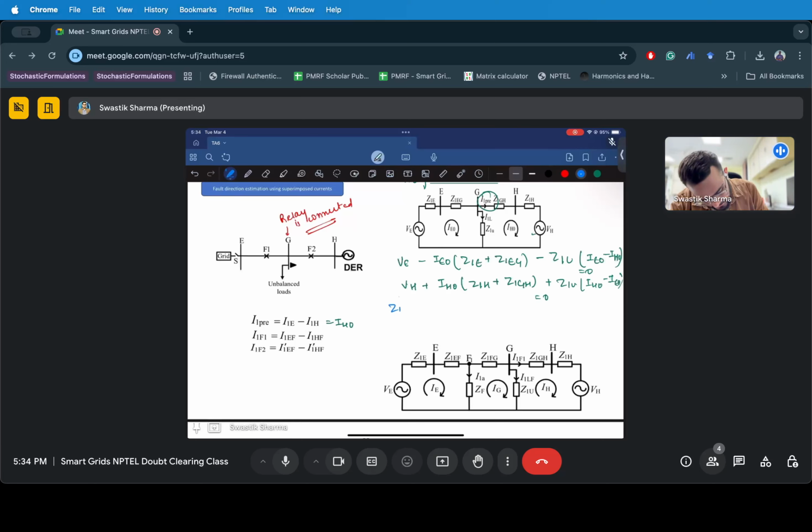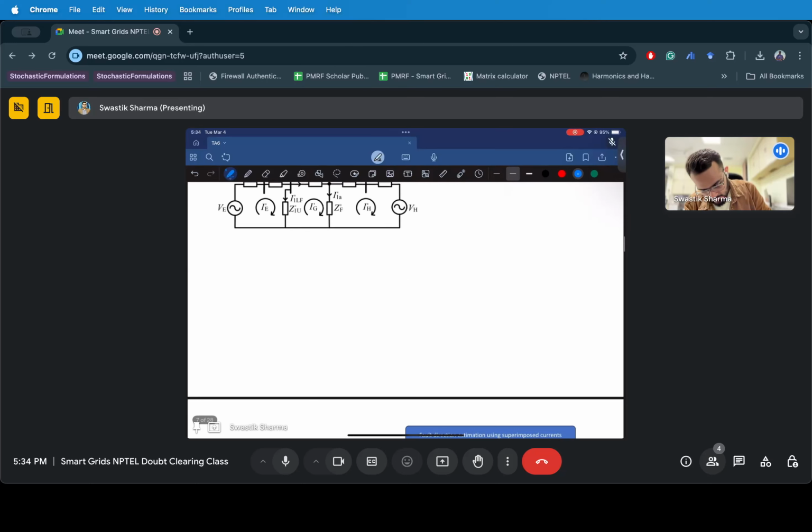If I write this side as P and this side as Q, then Z1P is nothing but Z1E plus Z1EG, and Z1Q is Z1G plus Z1H, right? And now I have Z1PQ, which is the parallel combination of both, and this parallel combination is nothing but (Z1P plus Z1U)(Z1Q plus Z1U) minus Z1U square.